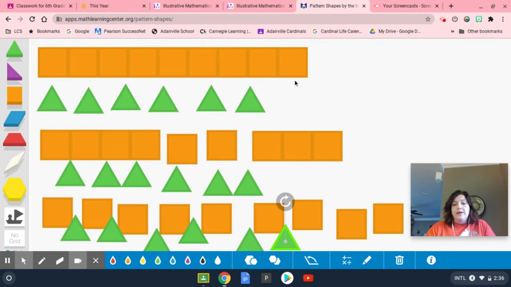So on my screen, if you count the total number of squares and the total number of triangles, you should see 27 squares and you should see 18 triangles. So 27 to 18.